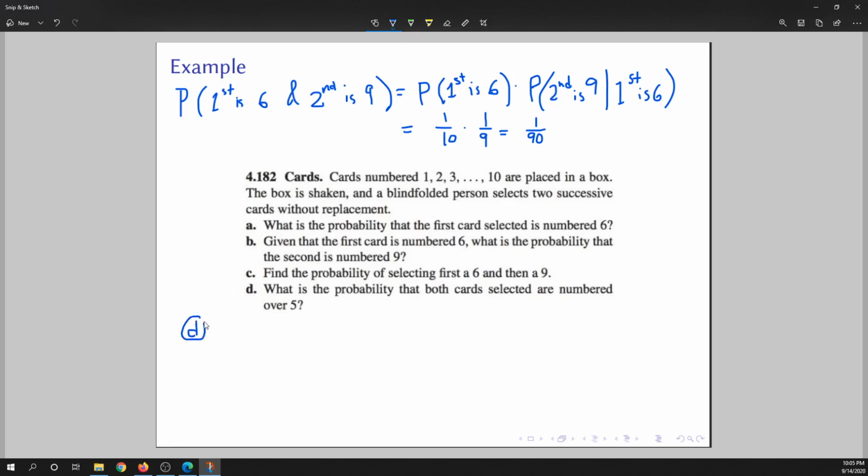In part D, they want to know what is the probability that both cards are numbered over 5. So we want to know the probability that both are greater than 5. The way they worded this in English, it doesn't involve one of these operators directly, the ones we talked about: not, or, and.